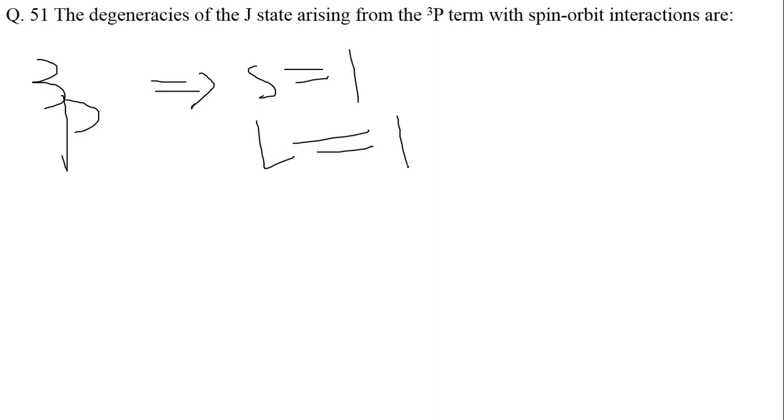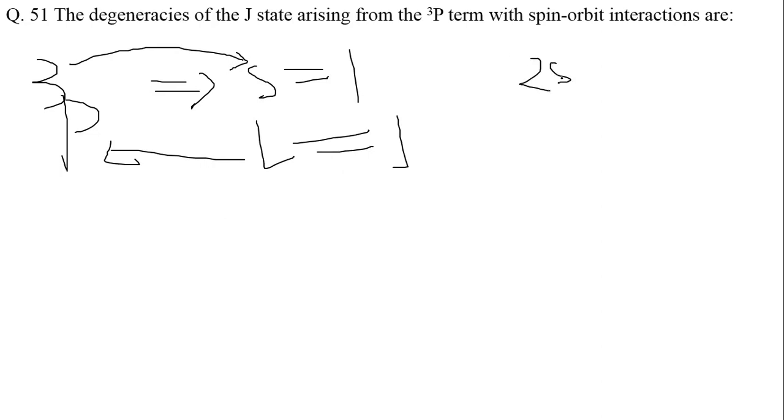So if you consider the spin orbit interaction for 3p, here 2s plus 1 equals 3. So s equals 1 and l equals 1, because l equals 1 is for p and 3 is coming from 2s plus 1.